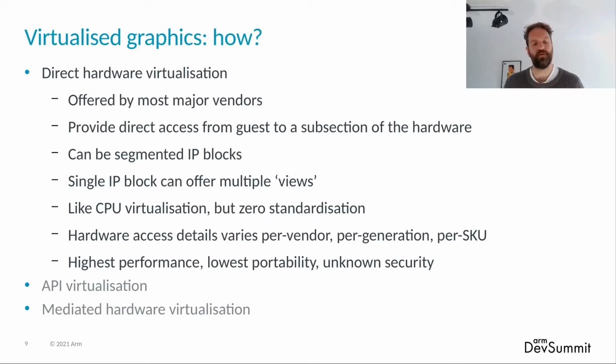So if you want to find out more, ask the vendor of your choice. The good thing about this direct virtualization is, although we can't really reason about the security because it depends on the particular implementation, it is the highest performance. There's really no substitute for going direct to the hardware and having that ultra high performance direct channel.